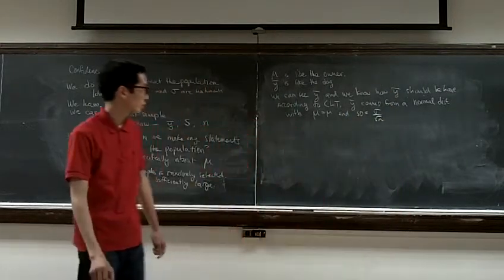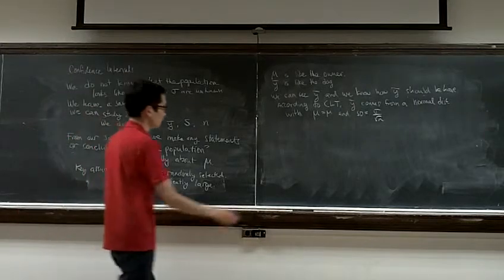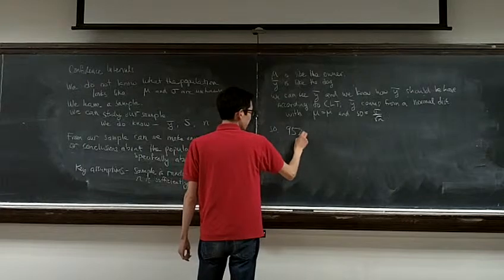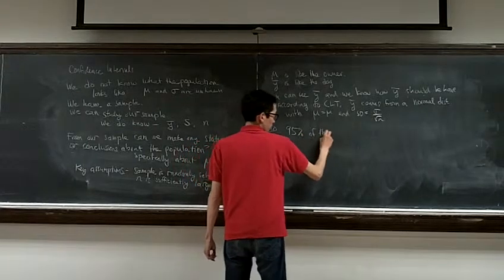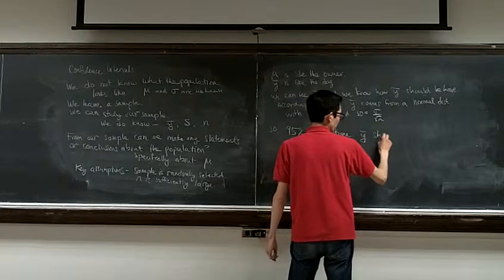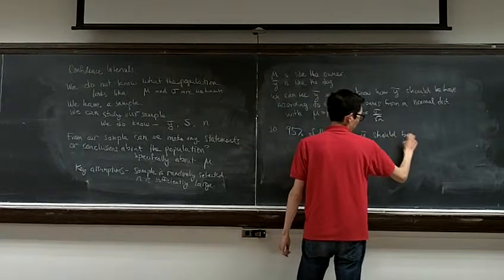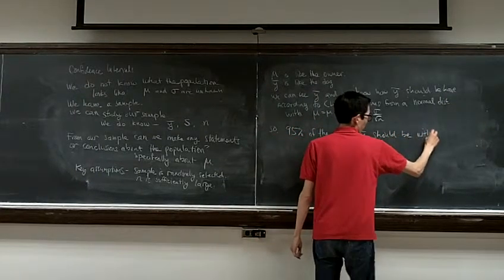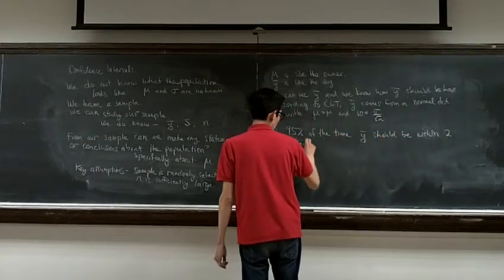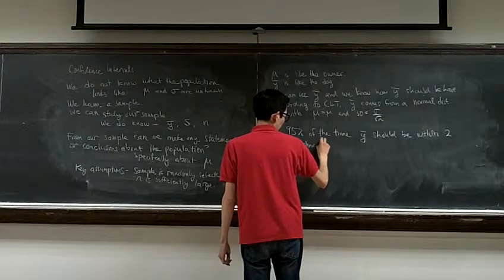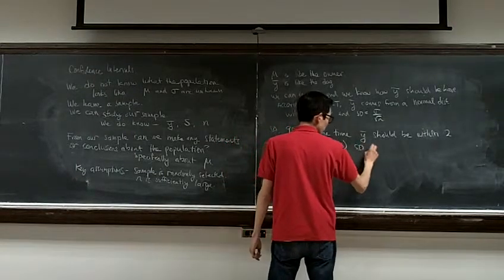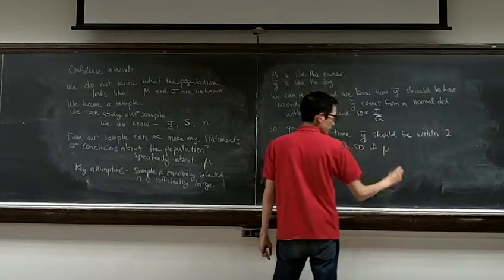Okay? So 95% of the time, y bar should be within 2, technically 1.96 standard deviations of mu.